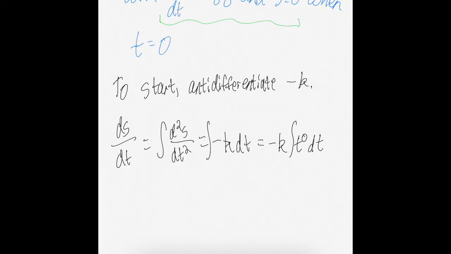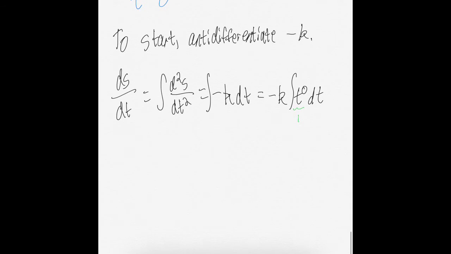And this is just a special case of the power rule, really. I'm going to write this in kind of a funny way for you. I can rewrite this as negative k times the integral of t to the 0 dt. You'll agree with me that t to the 0 is just 1.